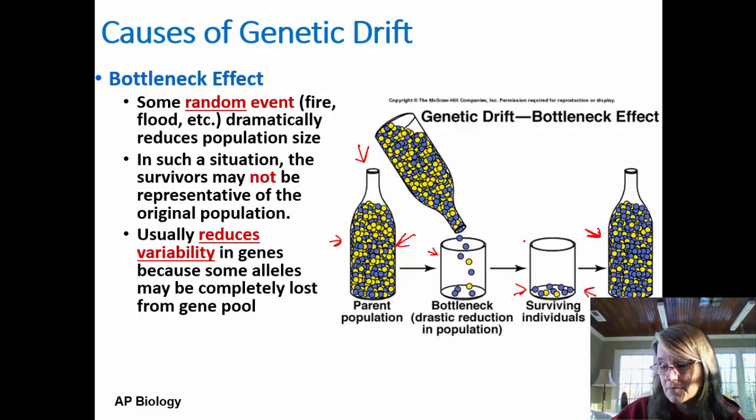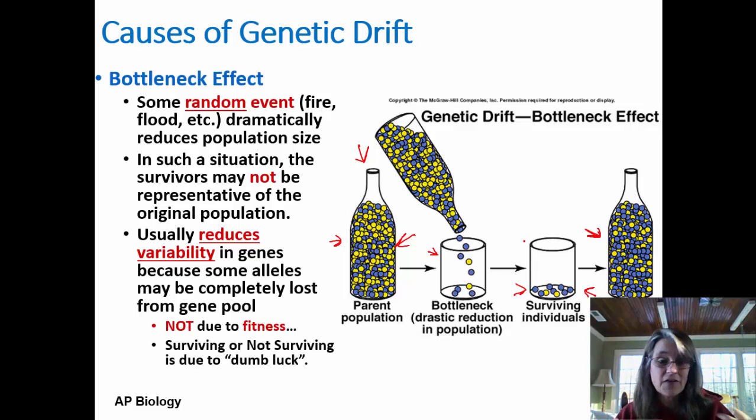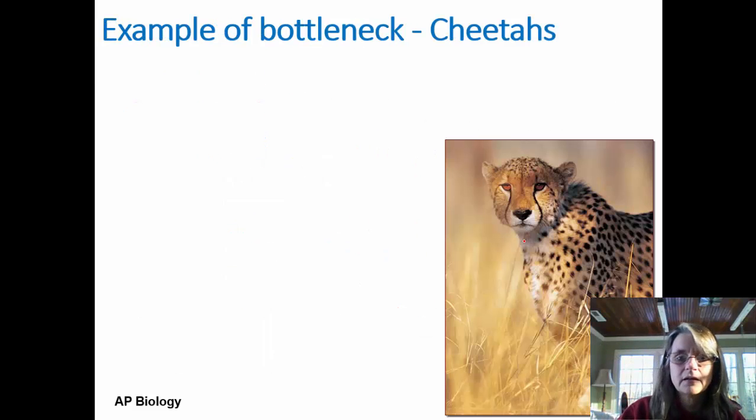And so there might not be as much variety as what you once had. And this is not due to fitness. Surviving or not surviving is basically due to just dumb luck. The tornado wiped out everybody but 2 or 3 deer, and those are the ones that get to survive, not because they were outwitting the tornado, they just got lucky.